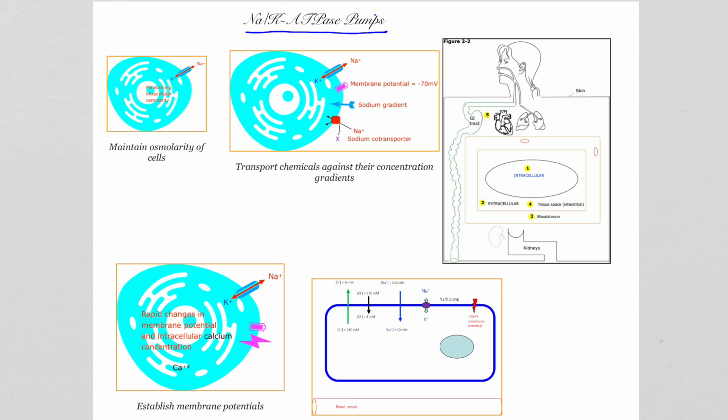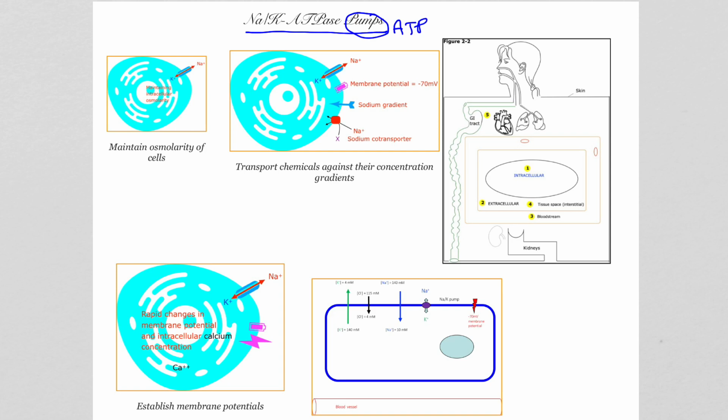Now, these pumps are transport proteins that utilize energy, ATP energy. These pumps can use quite a bit of energy, sometimes as much as 30 to 60% of all the cell's total energy.